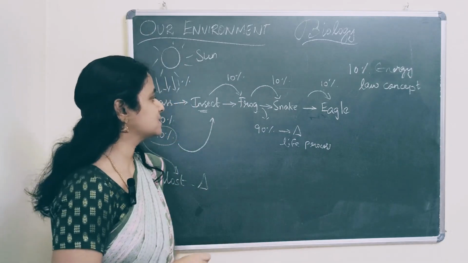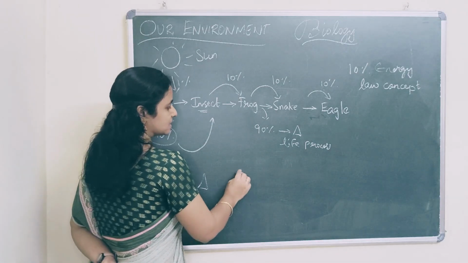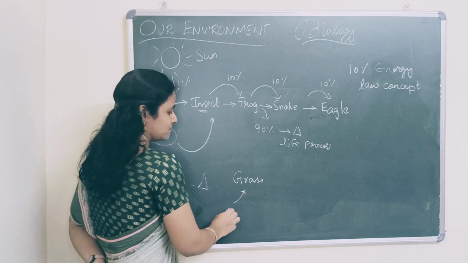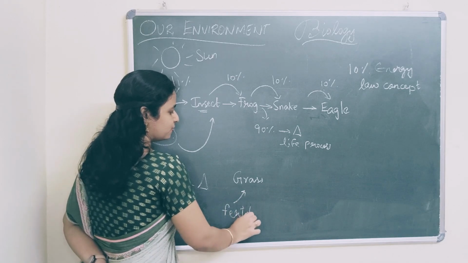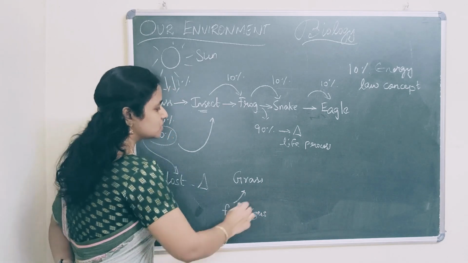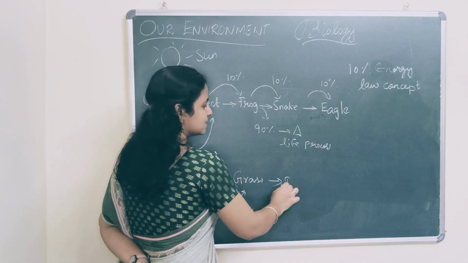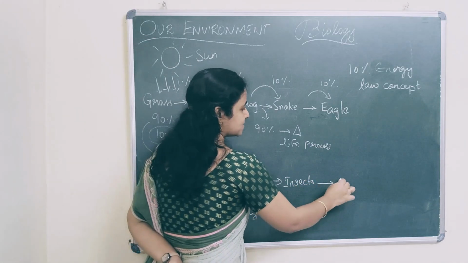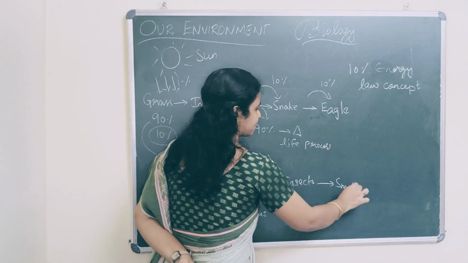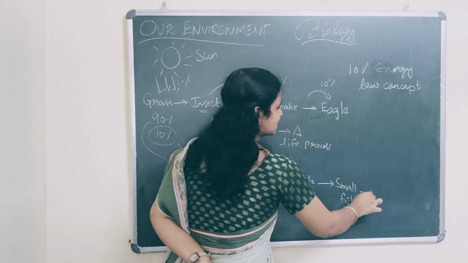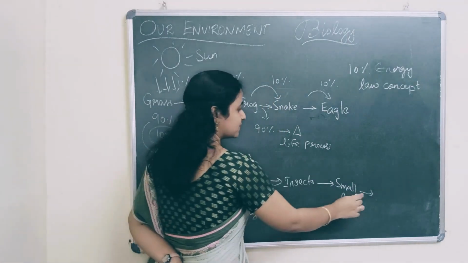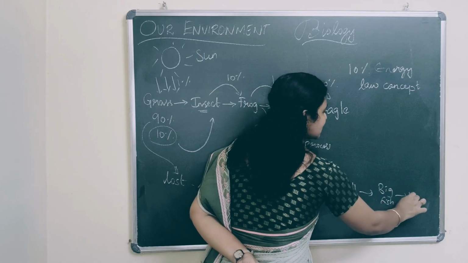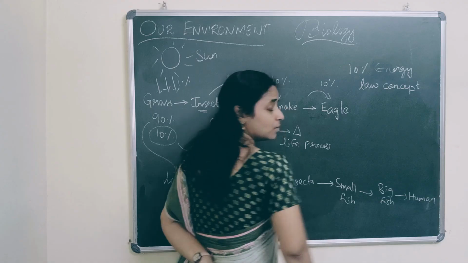So let me give you an example so you will understand easily. Say, for example, just imagine a grass. A grass is added with fertilizers. Okay. So when this grass is eaten by smaller insects, when this insect is eaten by a small fish, when this small fish is fed on by a big fish, and when this is consumed by a human, what will happen?